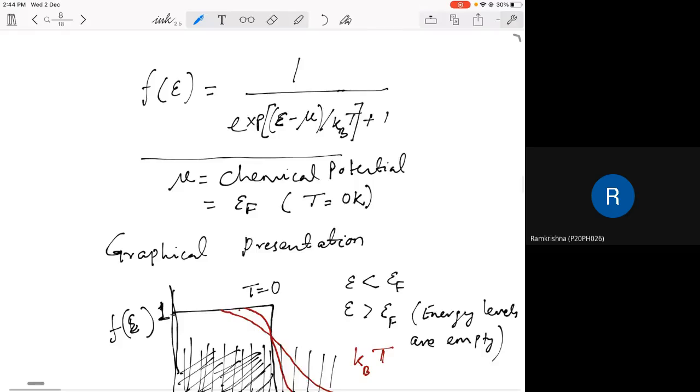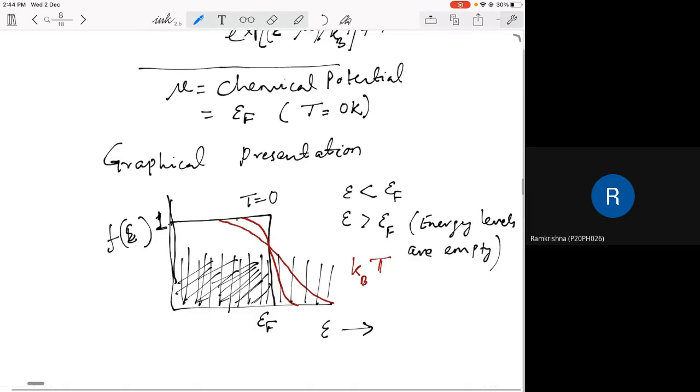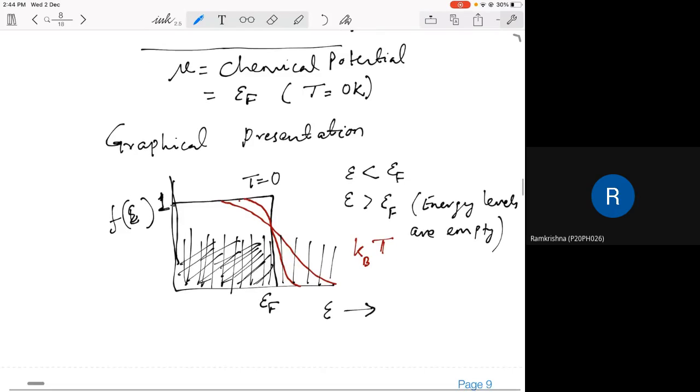This is what the chemical potential will define, basically, the electrons' energy level. Normally the Fermi energy is defined at T equal to 0.